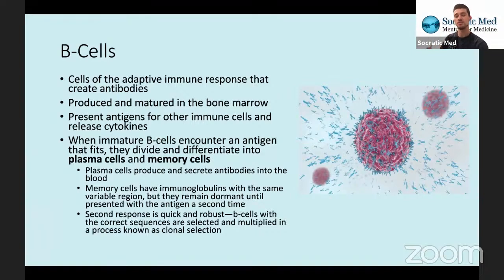So that's what we refer to as clonal selection, because the antigen of the foreign invader is selecting the specific B cell, and that specific B cell is cloning so that it creates sort of an army to destroy any other copies of that antigen, or the pathogen that may be in the body. So I hope that makes sense.